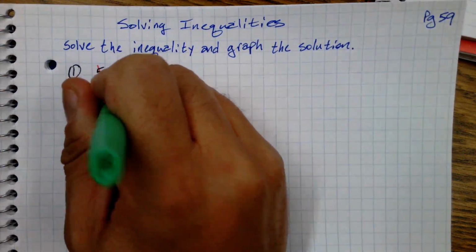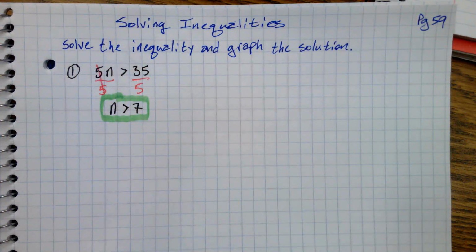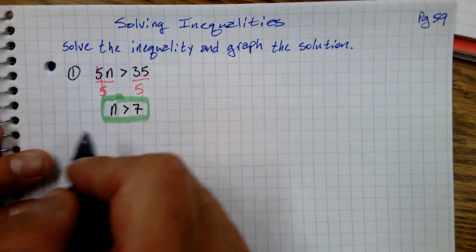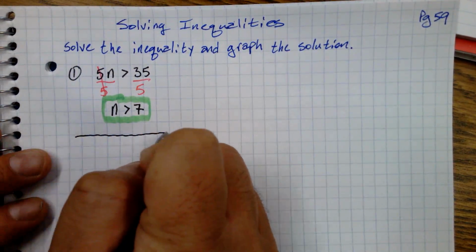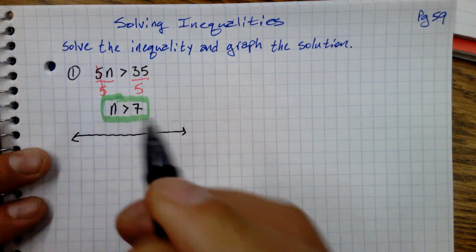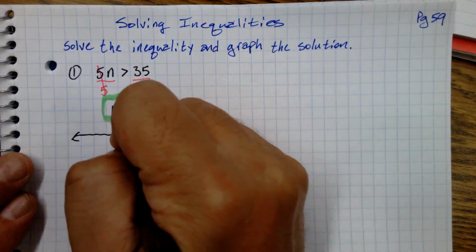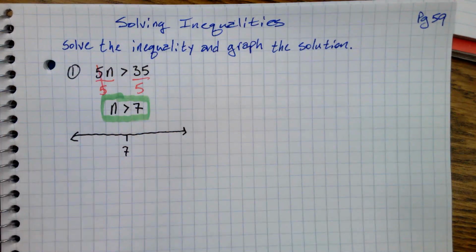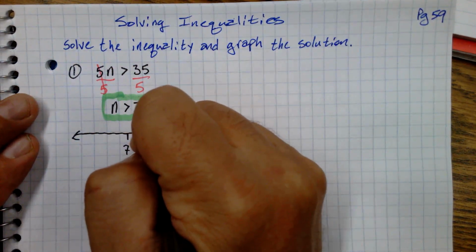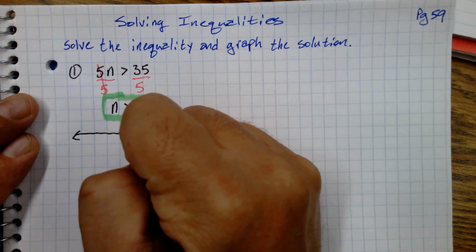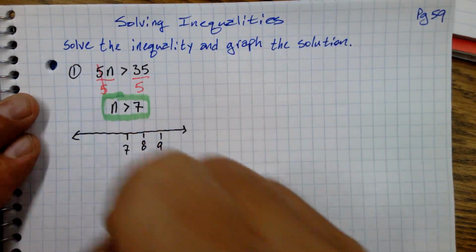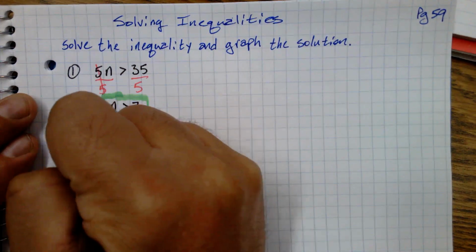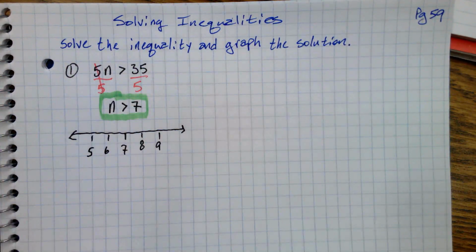Now, the only other thing we want to do, though, is we want to display the solution on a number line graph. Okay, so let's just make a quick graph here, a number line. We'll put 7 at the center, a few numbers on either side. Okay, and so now we have to make some decisions.